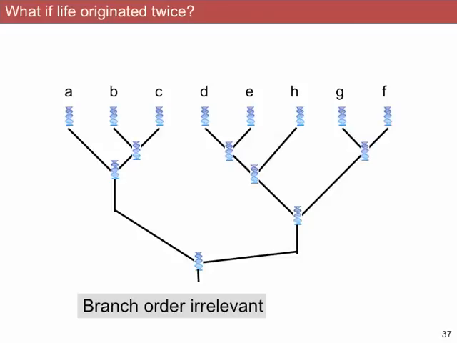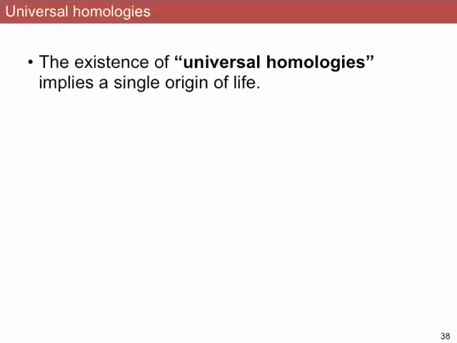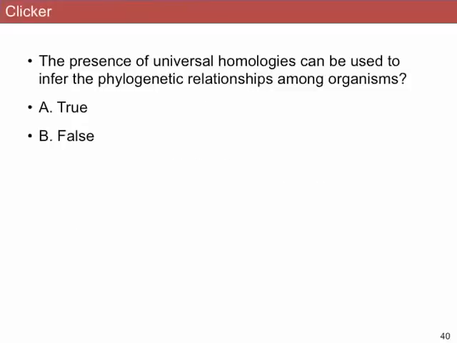So there is one interpretation that I haven't heard from anybody yet for why this is a poorly worded question. And that relates to what we're going to talk about next, which is that it turns out that universal homologies are in fact present in all organisms, but they're not identical in terms of their underlying components in all organisms.